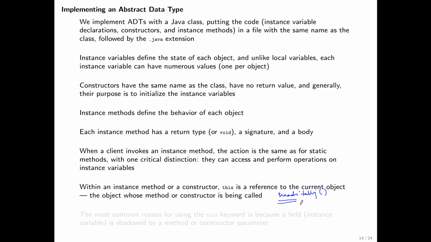And then later on, let's say you say something like tails dot tally. So in this case, the object that is being manipulated is tails, and this keyword is a reference to the tails object. Okay. So this is simply a reference to the object that is being manipulated, or the object on which the instance method is being called.